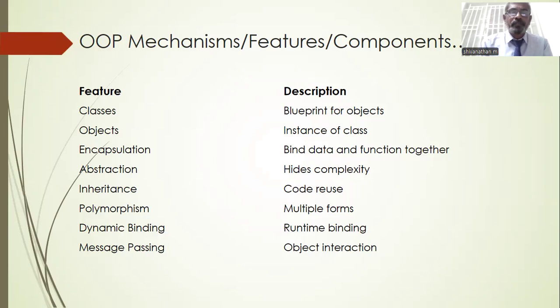So abstraction is hiding the complexity of a class, of course. The example is, you can have private members implemented inside the class.